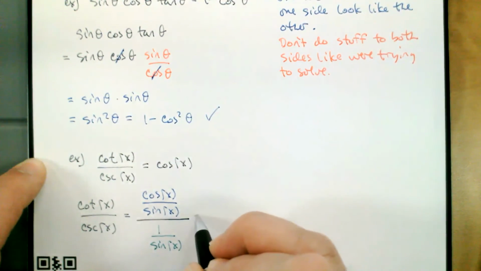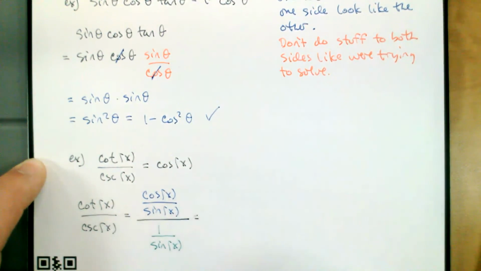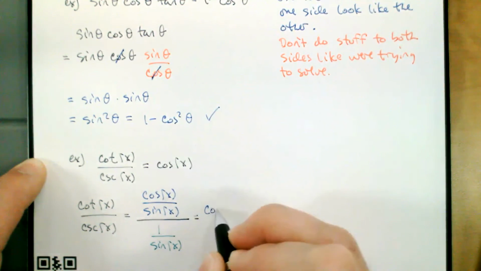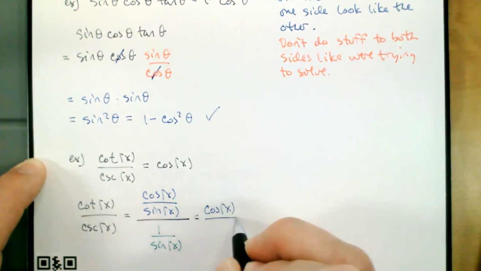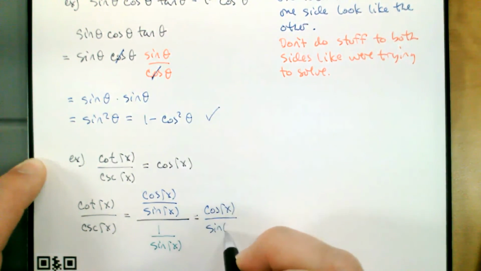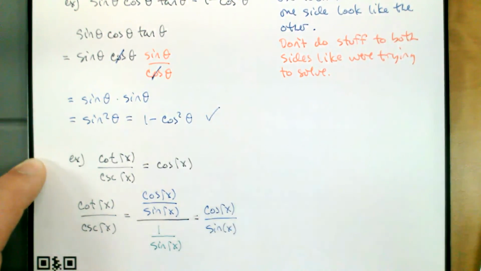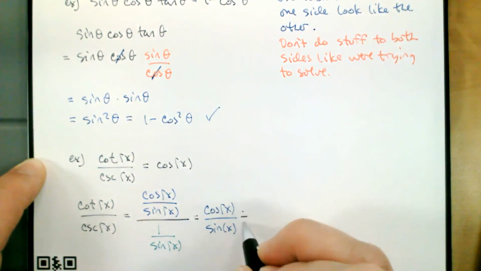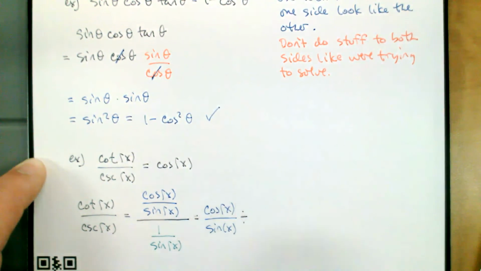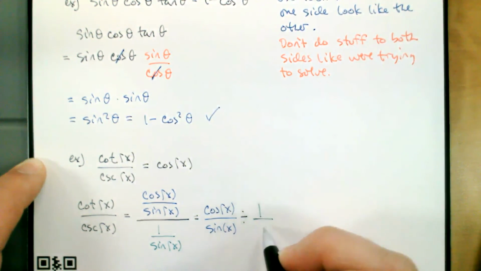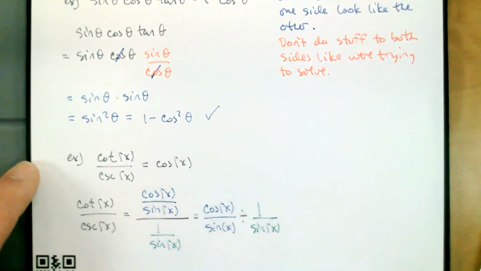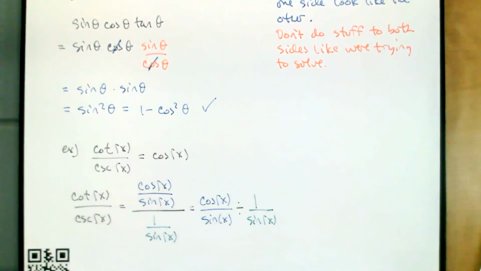So I'm going to write the top cosine x over sine x divided by 1 over sine x. That's what that fraction means.